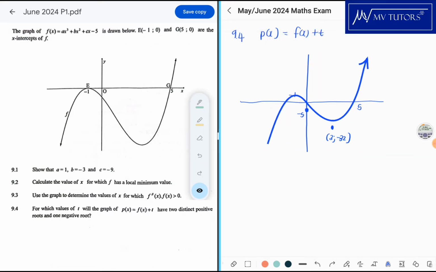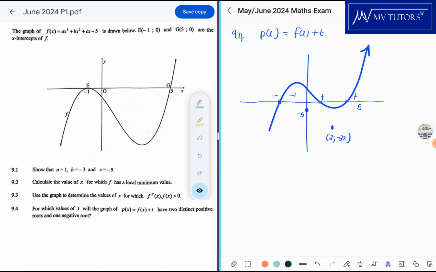So I said if I take it 5 units up, I'll have a negative, a 0, and a positive. If I take it beyond that, do you see I start having 2 positives? Okay. And if I ultimately reach the turning point, then I have 1 negative and 1 positive. And if I take it up, then I just have 1 negative. So basically, if we're at this point here, like I said, we have a negative, a positive, and a positive, and that's where we want to be.